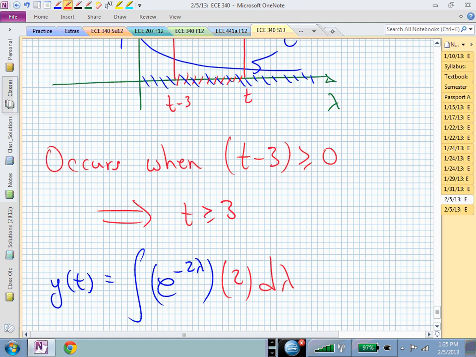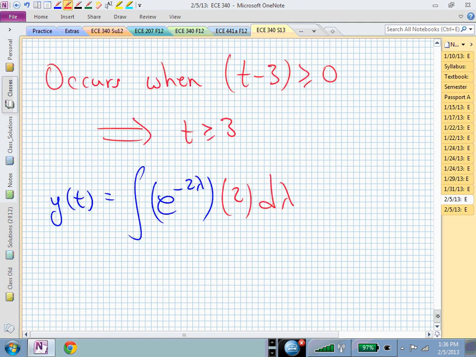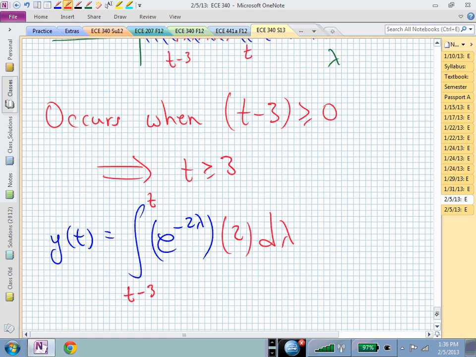It occurs from t minus 3 up to t. And those are my limits of integration. It's not from t to infinity. It's from t minus 3 to t. Is that clear? It's only where these two waveforms are non-zero, where they overlap, that we have to integrate. Questions on that, or where that came from?